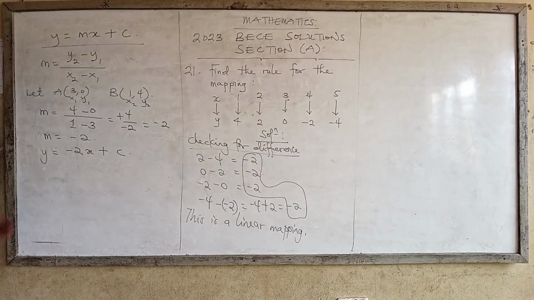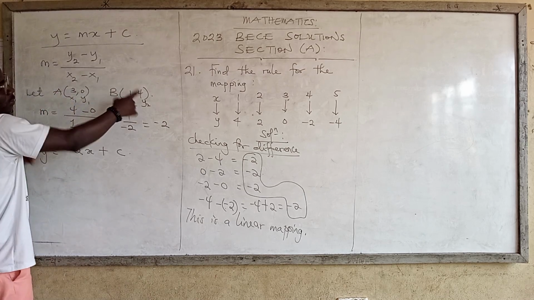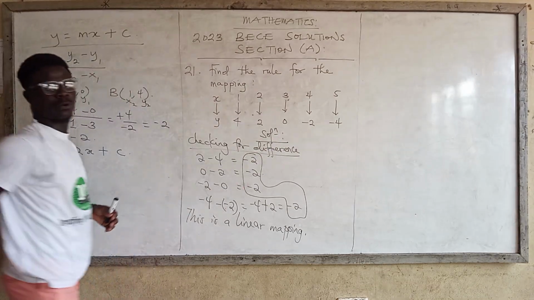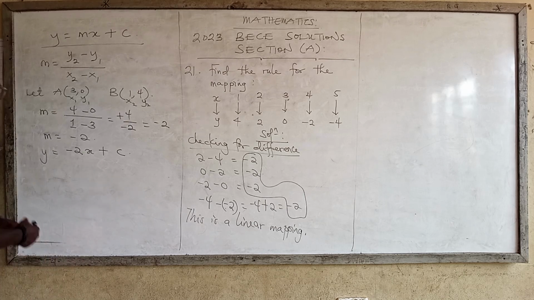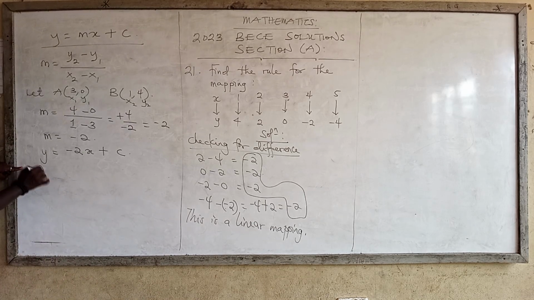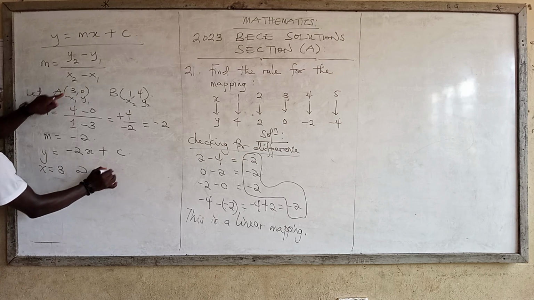So here, I can take my x value to be 3, then the y value should be 0. Or you can take any other point for the relation. So I can say that x equals 3 and y equals what?